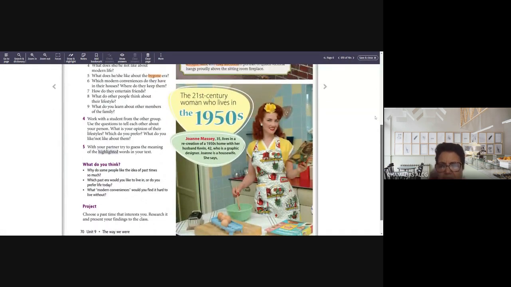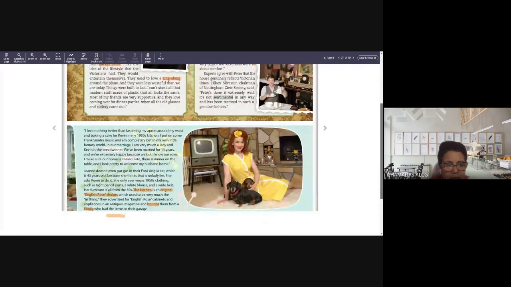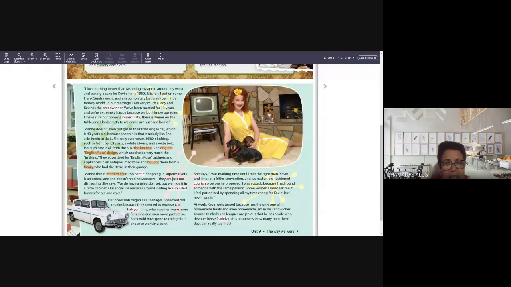Here in this text, we have seen cutlery, house, quaint, cozy, sentimental, breadwinner, immaculate, hectic, like-minded, halcyon, courtship, solely. All right, people.